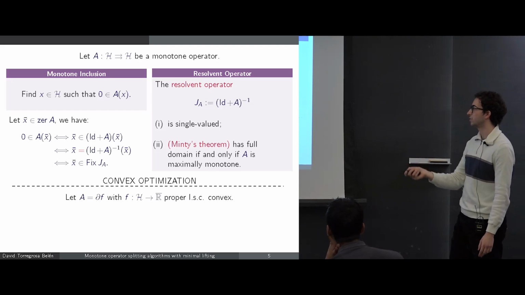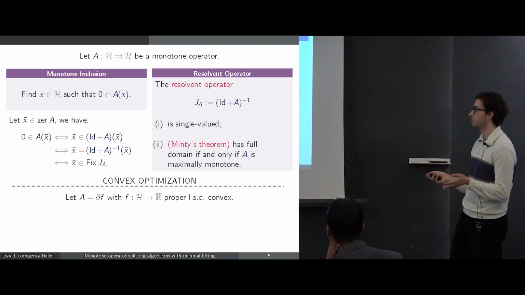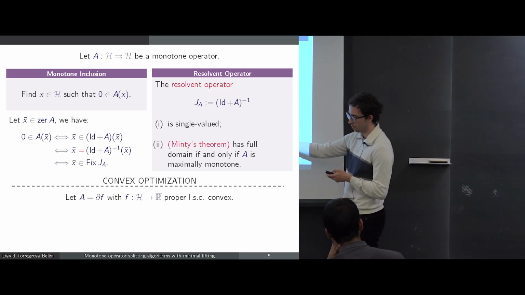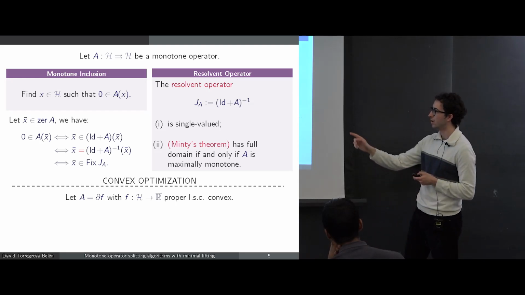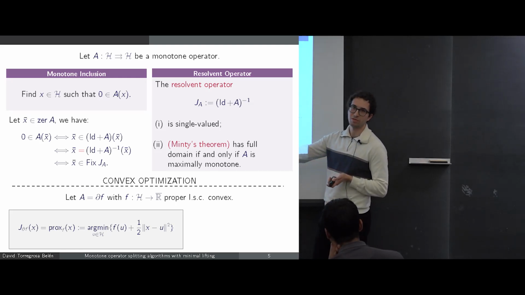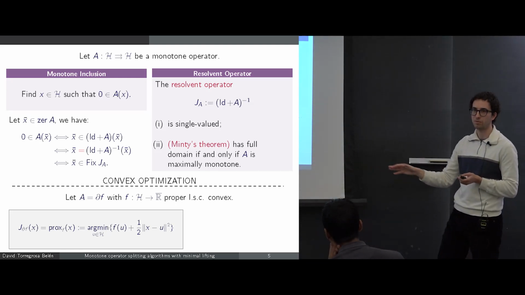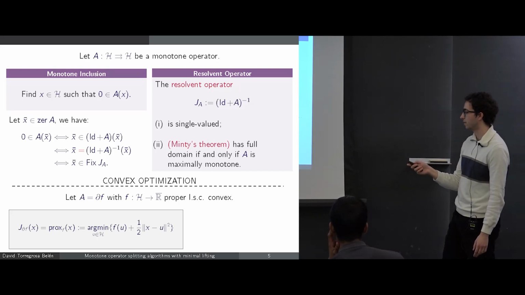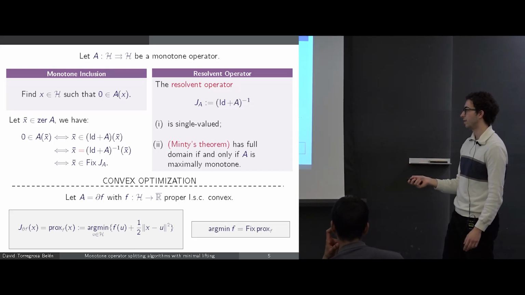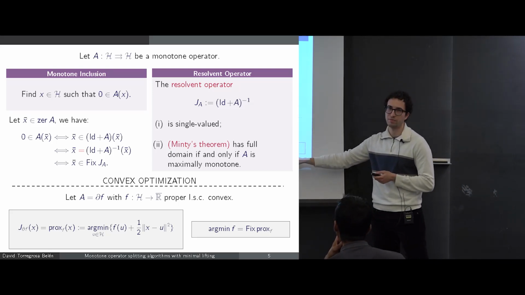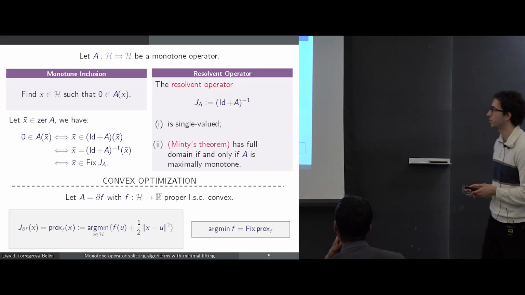Before continuing, going again to the optimization case, if A is just the subdifferential of a proper lower semi-continuous convex function, then the resolvent is nothing else but the proximity operator of f, which I think you might be familiar with if you have been studying some course on continuous optimization. And this equivalence that I just gave corresponds to the equivalence between the set of minimizers of a function and the set of fixed points of the proximity operator.